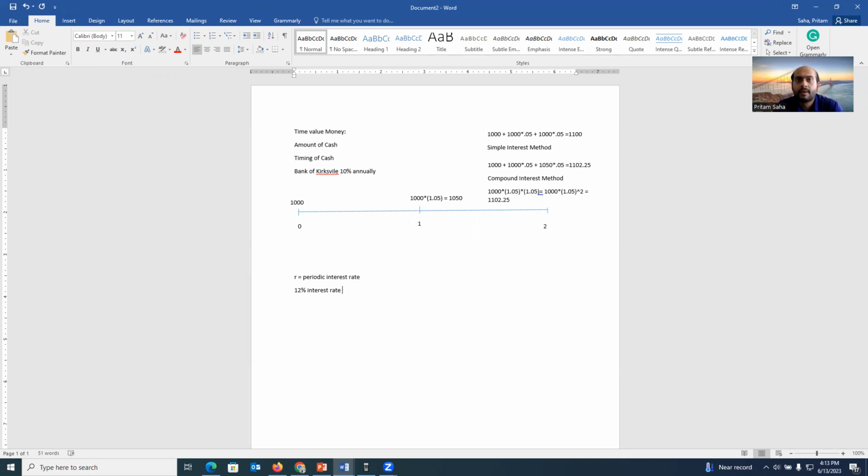But your compounding frequency, that means how many times in a year you want to earn interest. When you say compounding frequency, it tells you how many times in a year interest will be deposited on your investment. Compounding frequency could be monthly, quarterly, semi-annually, or annually too.